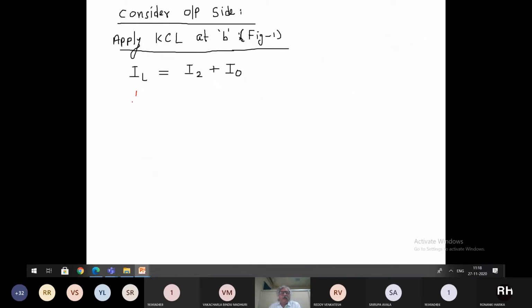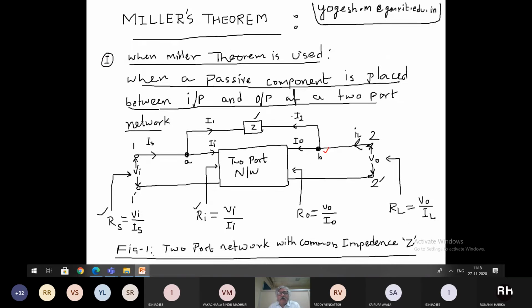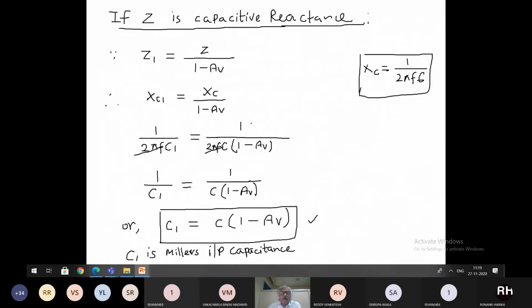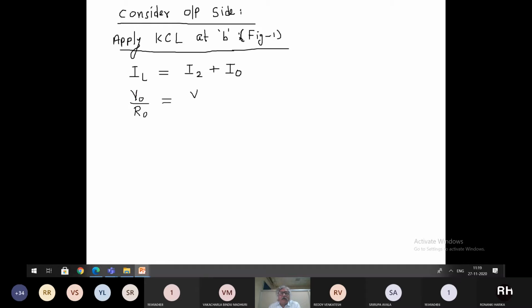So V0 by RL is equal to I2 plus I0. I2 will be the voltage at terminal B minus the voltage at terminal A, divided by the impedance Z. So we get V0 minus Vi by Z, plus I0.